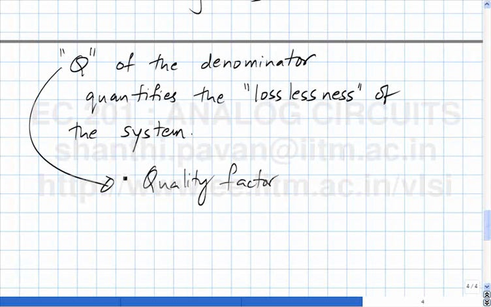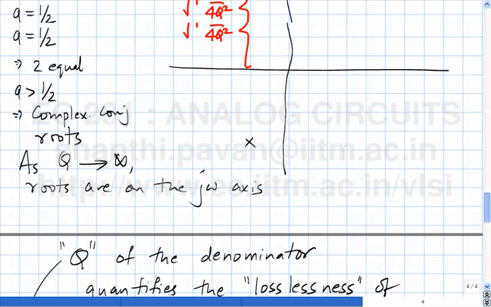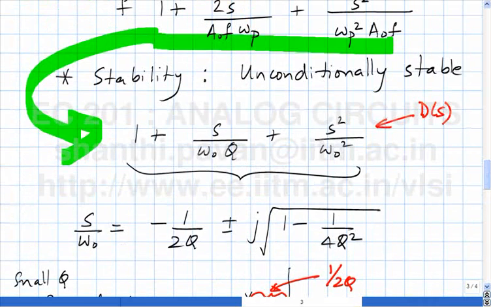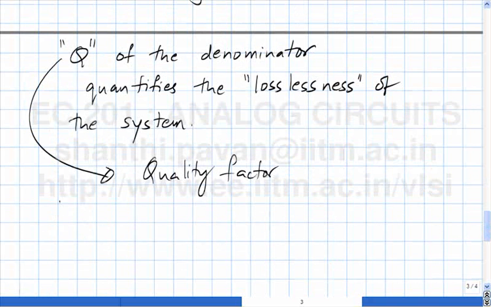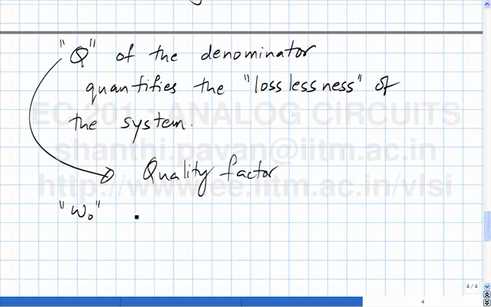A high quality factor pole pair means that the impulse response of that system will last for a very long time. In the control system literature, it is common to denote 1 over Q as 2 times some Greek symbol, which is called the damping factor. So this Q is called the quality factor, and this omega naught is called the natural frequency.